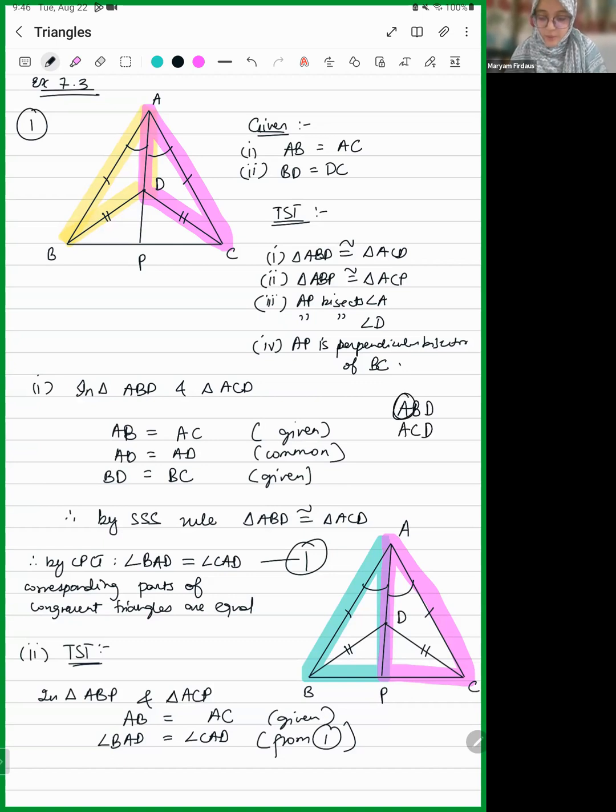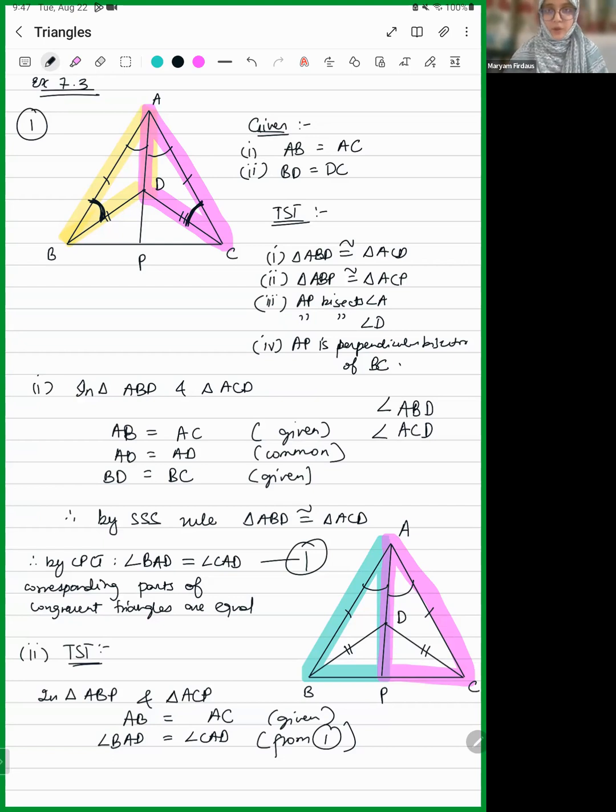Similarly, line segment BD is corresponding with line segment CD, so BD will be equal to CD, which is already given. But similarly, angle ABD will be equal to angle ACD. Angle ABD is this one, and angle ACD is this one. So these are both corresponding angles.